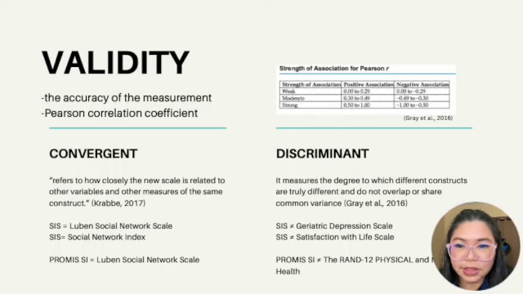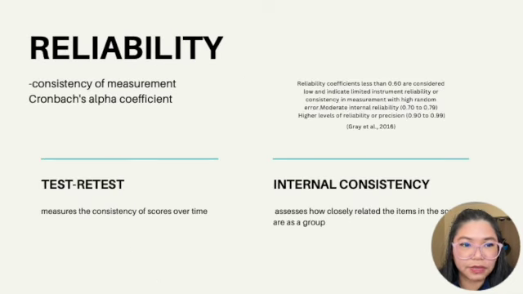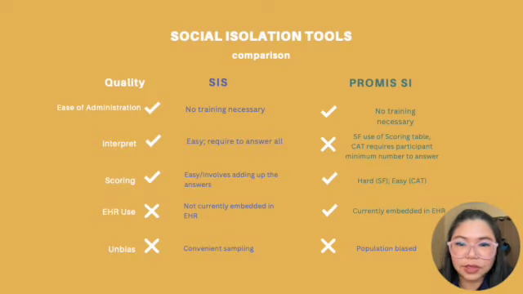And this is the validity definition and reliability definition. You guys can pause this on your own and read this. And in the context of quality here, I use the ease of administration, scoring, and ease of interpretation, EHR use, and biases. You guys can read this on your own, but both of them have pros and cons here. PROMIS SI is embedded in Epic, and SIS requires paper or interview skills.